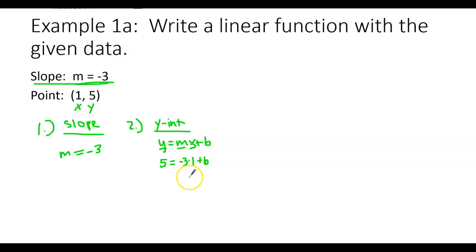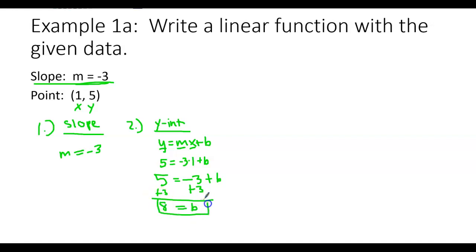And then from there, we just have to solve it. So multiplication first, -3 times 1 is -3. And then to solve for b, all you have to do is add 3 on both sides, and b will be all by itself. And so now we have the fact that b equals 8.